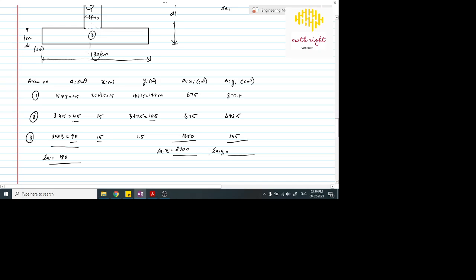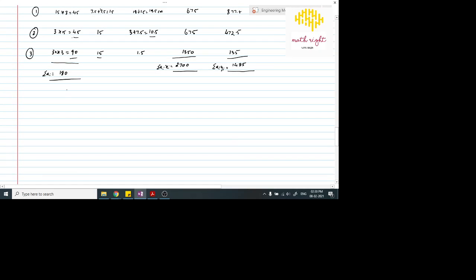Sigma Ai yi is, this is 472.5. Adding 3 numbers takes this much time. Okay, I can write it, just you guys see, 1485.